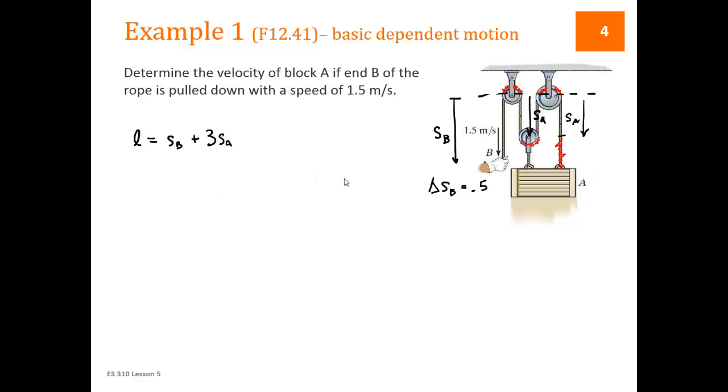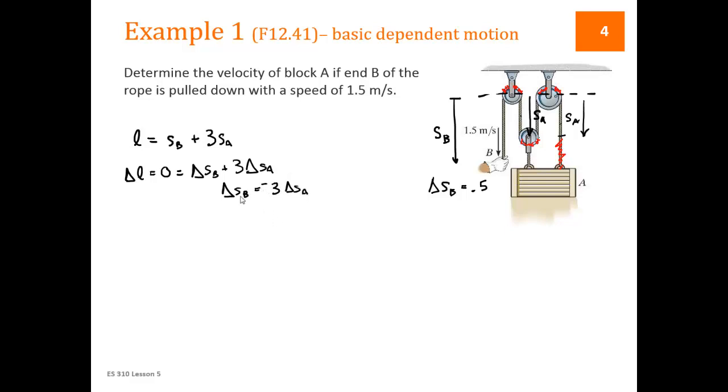Well, we can do that with differential elements. So the length of the rope isn't going to change. So delta L is going to equal 0, which is equal to delta SB plus 3 delta SA. The change in SB plus 3 times the change in SA has to equal 0. So delta SB is equal to negative 3 times delta SA.